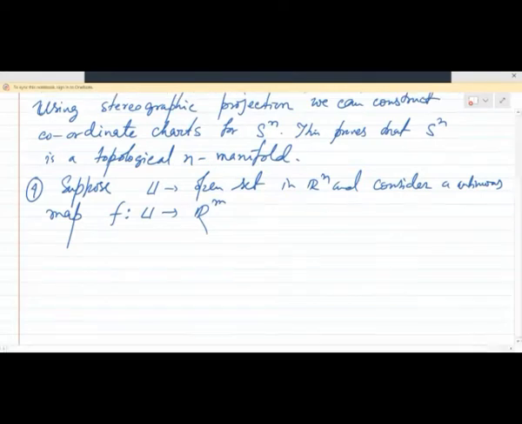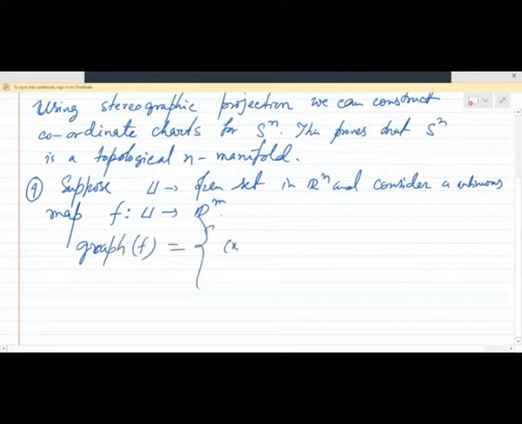With respect to this map, you can define the set which is called the graph of the function f, that is the set of all those (n plus m) tuples (x, y) in Rn cross Rm, where y is actually the image of x under f, for all x belongs to U.